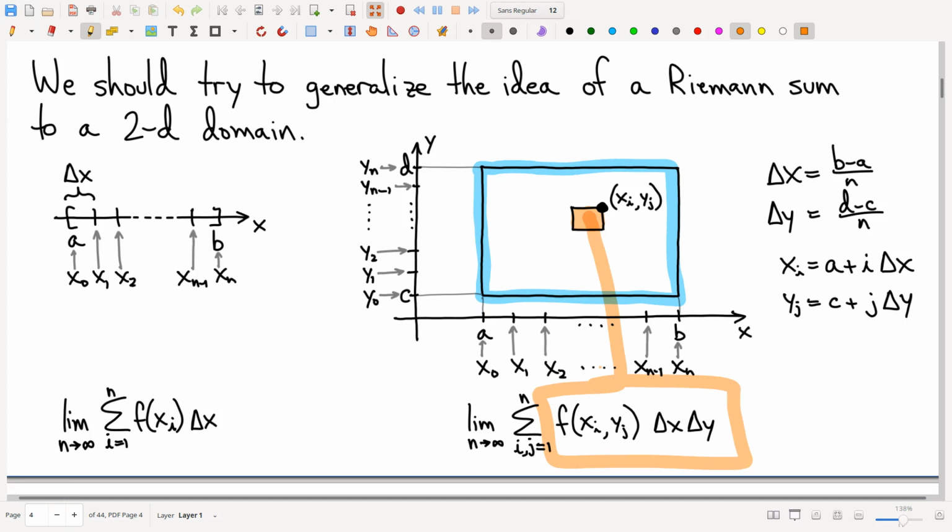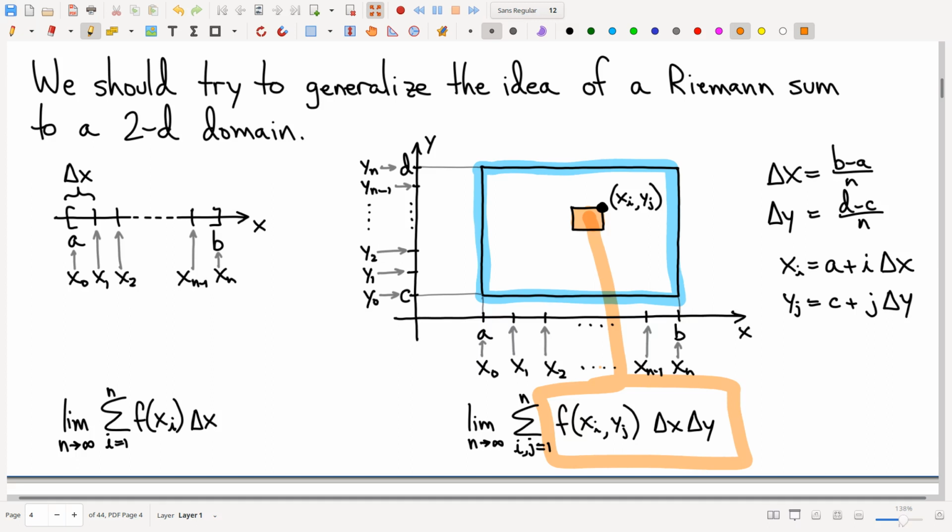If mass were distributed over this, then I would take mass per unit area to be my f, and I would multiply by area. There's nothing weird about that at all. Mass per unit area times area, mass. I know what that is. We have physical intuition for mass, so no problem.